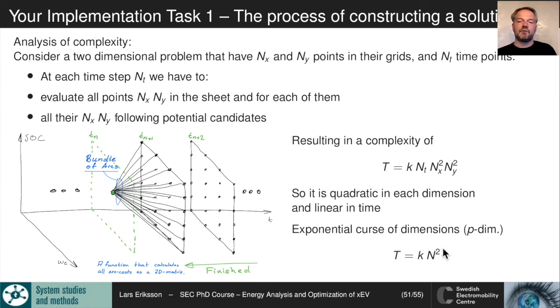So in this case, if we would have the same 2 dimensions that we have here, p is 2, and we get this n squared to the power of p. So this is exponential complexity, and it's called the curse of dimensionality of the problem.